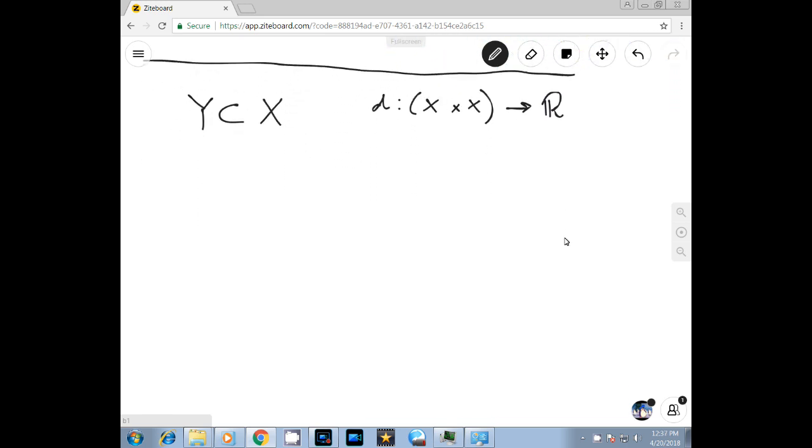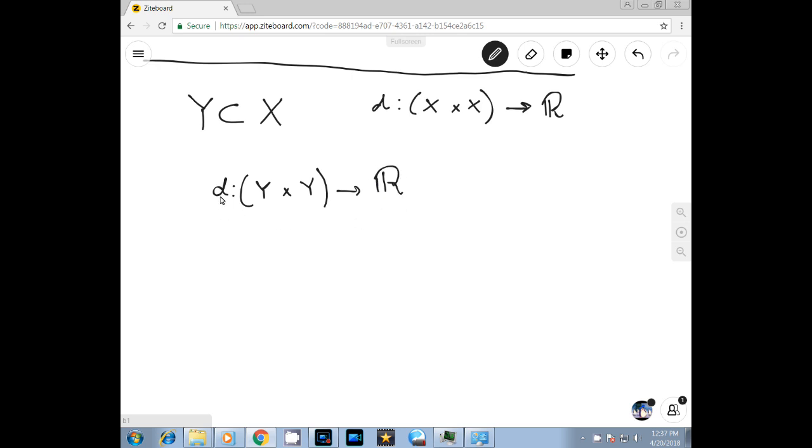Apply this metric d on Y. So now you are applying this metric d on the ordered pairs of Y, Y cross Y, and the results are again in the set of real numbers.